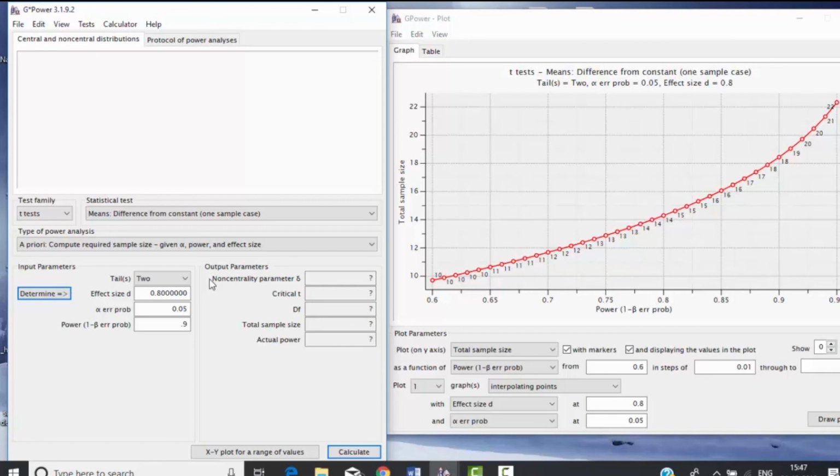As you can see in the reporting results, you are expected to report both effect sizes as well as power.